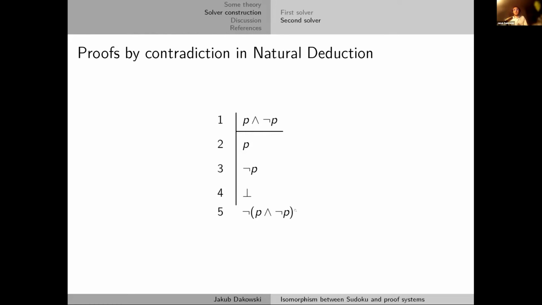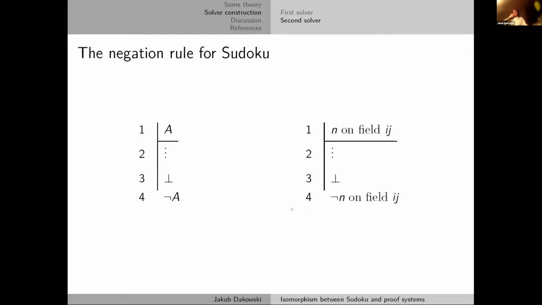So this is what we do here. And we can create the same rule for Sudokus. On the left, you have the negation rule of natural deduction. On the right, you have a negation rule for the Sudoku calculus, let's call it that way.